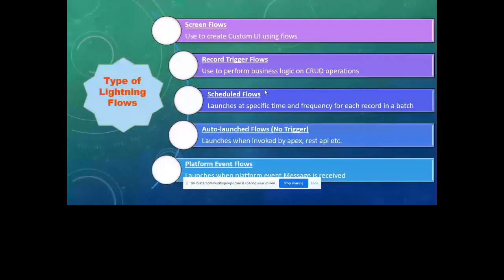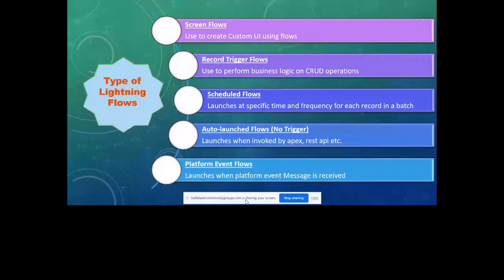Now, Lightning Flows are basically categorized into five types: screen flow, record-triggered, scheduled flows, autolaunch, and platform event. By combining these flow types you can build any number of scenarios, including client or user interaction screens.